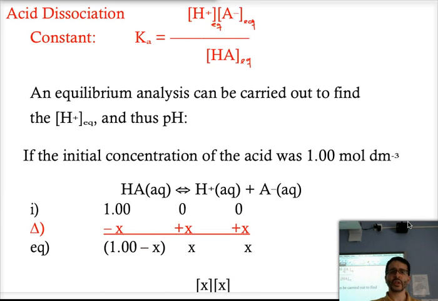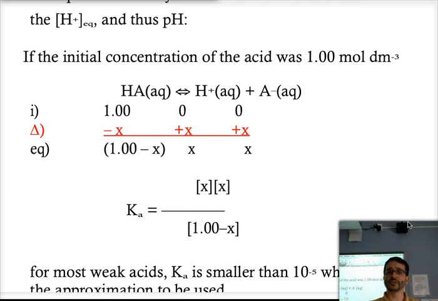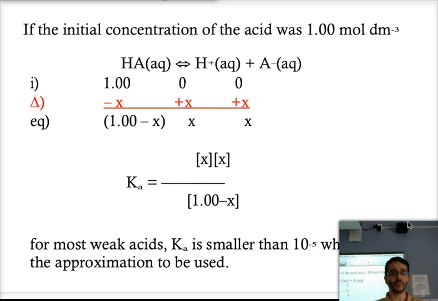So, for example, if we were starting with a solution that had an initial concentration of 1 molar, well, we would put our 1 molar initially where we have it under initial, and 0 concentration of H plus or conjugate base. Change is how much, we're going to call it x, we're just going to use the stoichiometry, it's how much of the acid is becoming ionized, and it's going to produce an equal amount of H plus and an equal amount of the conjugate base. And we set up the equation as we have it here, all right?